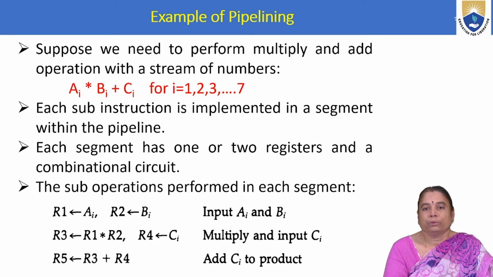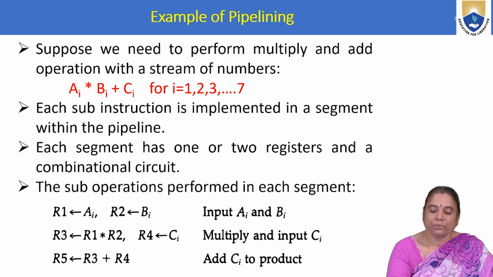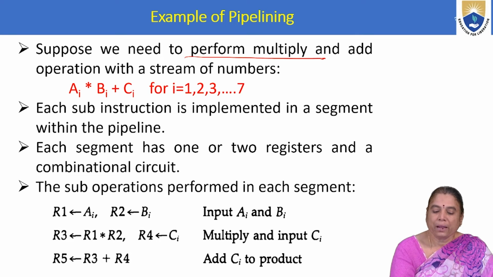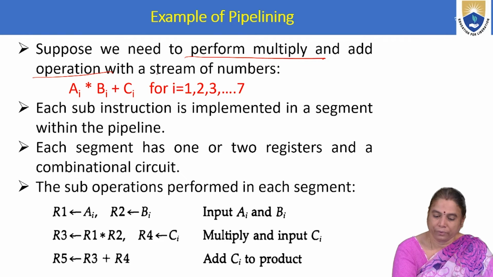So how can the overlapped execution be implemented with the help of a pipeline? Consider one example: a computational task that performs multiply and add operations for a stream of numbers.